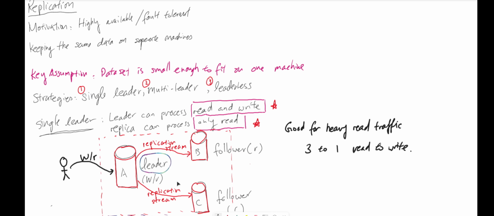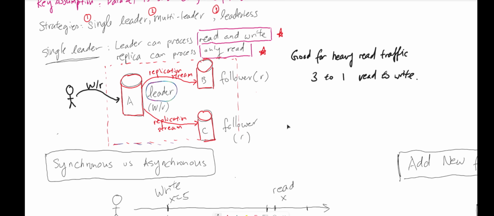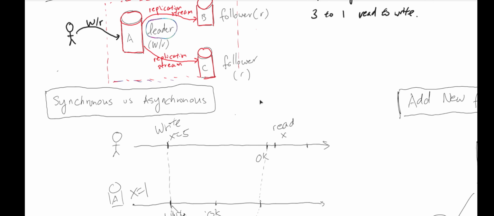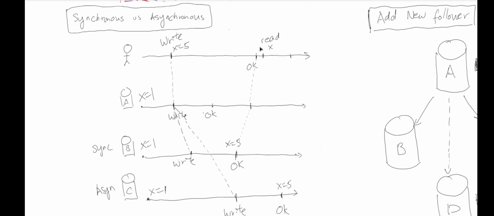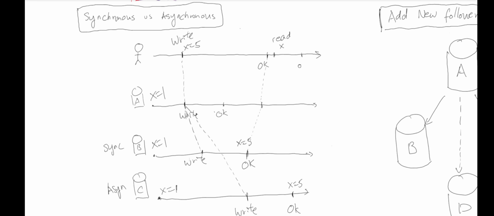Right. And let's talk about synchronous versus asynchronous replication strategies. So what is synchronous and asynchronous? Synchronous and asynchronous is how we define the replication strategy for our cluster. In this example, we have a client who is trying to write x equal to 5.